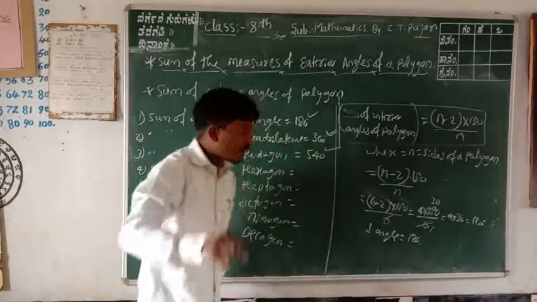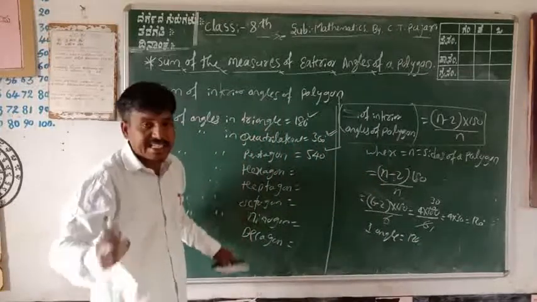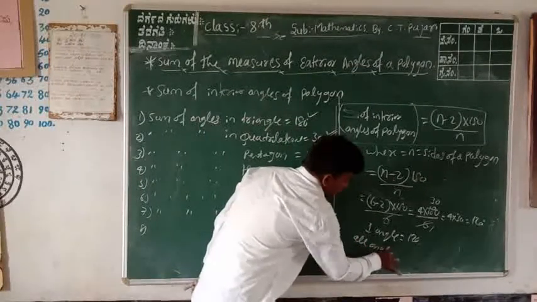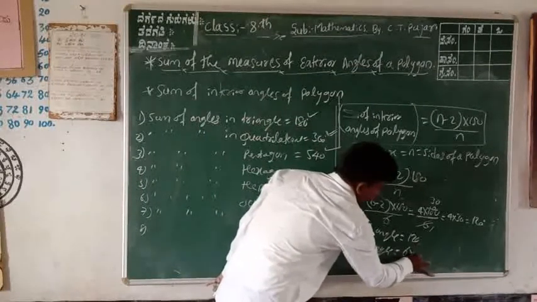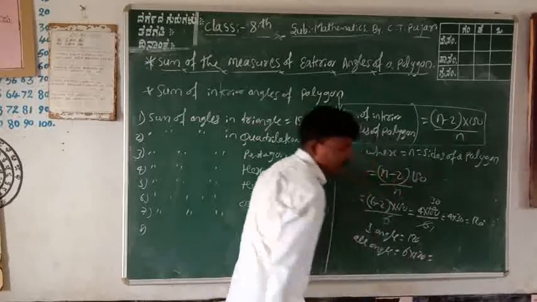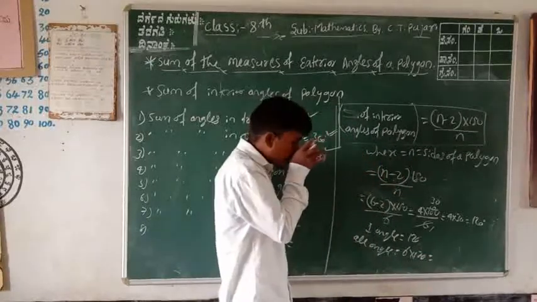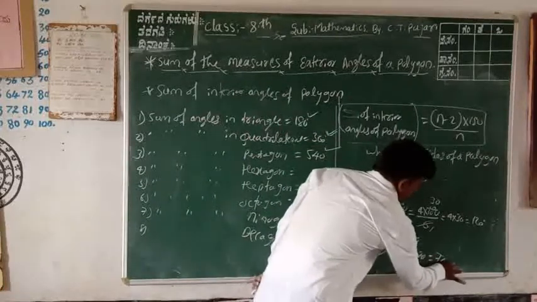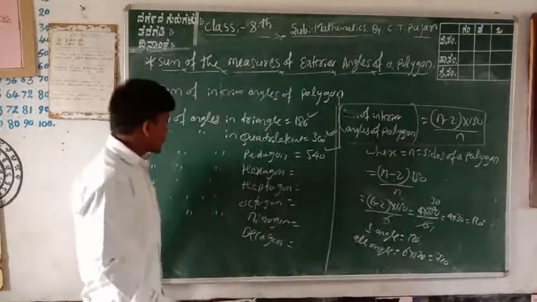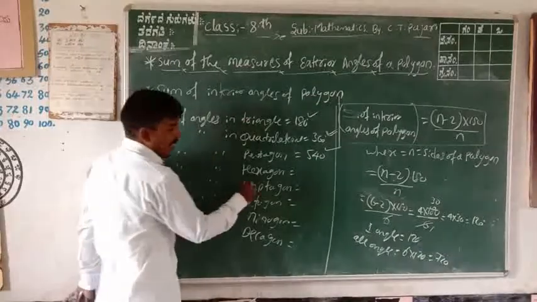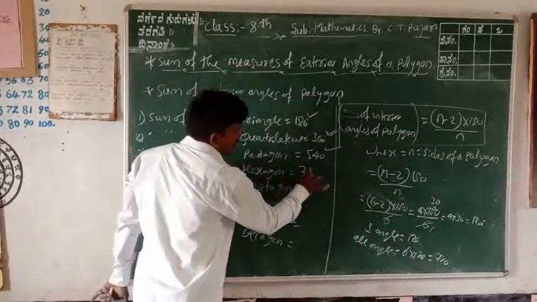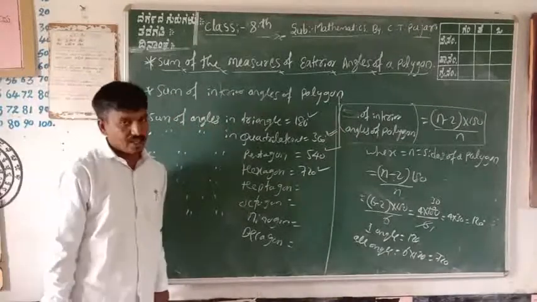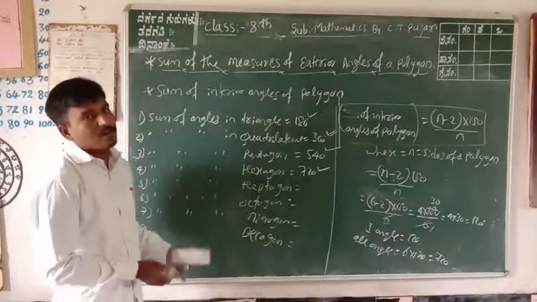In the hexagon, 6 angles are here. Therefore, all angles equal 6 into 120, which is 720 degrees. Therefore, the sum of all angles in the hexagon is 720 degrees. What about in a heptagon?